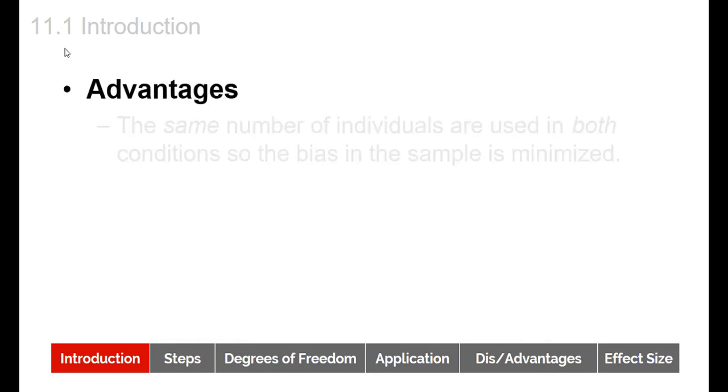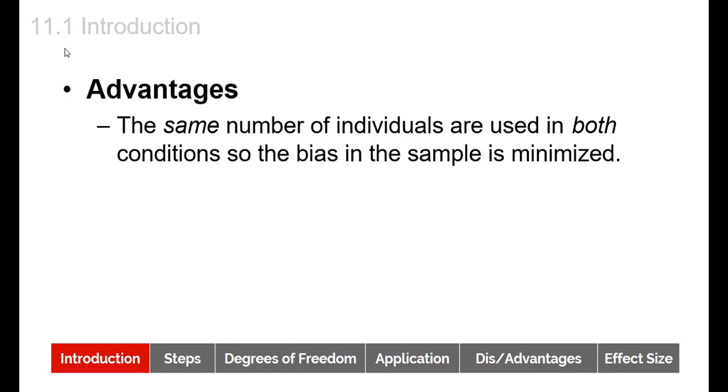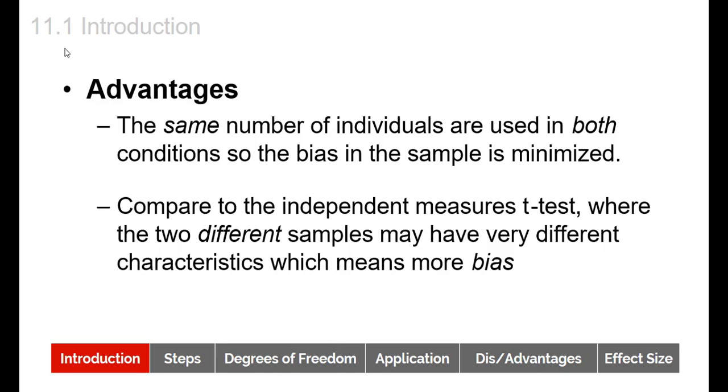There are advantages to this. First of all, the same individuals are used in both conditions so that any bias that you might have in the sample is minimized. In other words, in an independent samples t-test, for example, you have two different samples and the people in those samples might vary widely on characteristics that could affect the study.